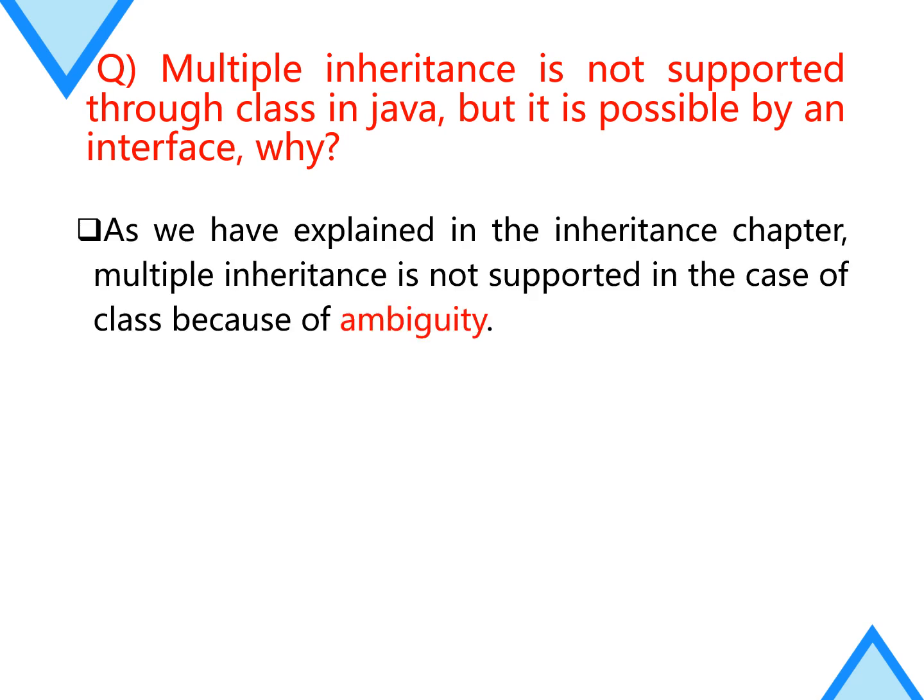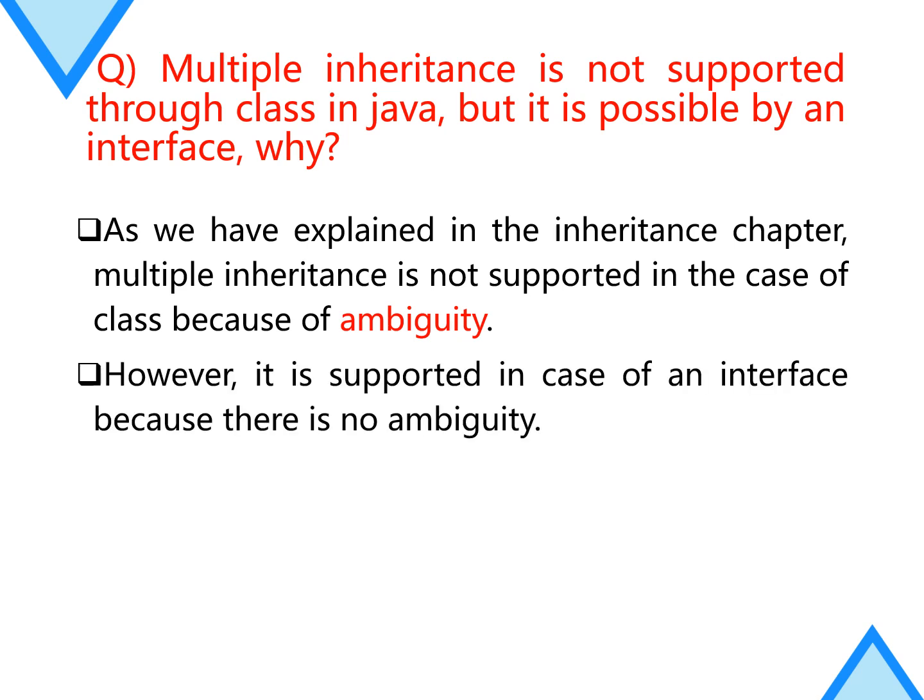The simple answer is that if we achieve multiple inheritance through classes, there will be ambiguity, and because of the ambiguity we will receive a compiler error. So multiple inheritance in Java through class is not allowed.